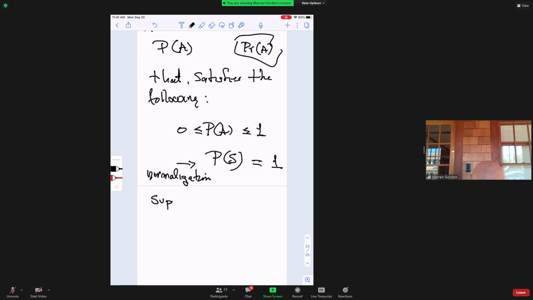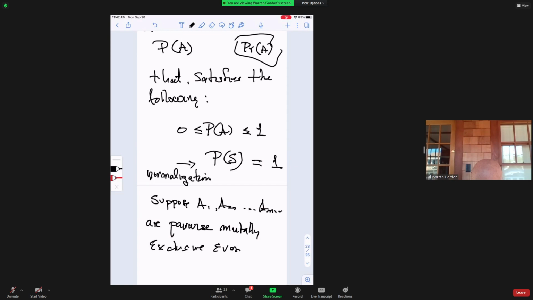Suppose A1, A2, and so on, there may be an infinite number of these, are pairwise, I'll explain what I mean by this in a minute, mutually exclusive events.